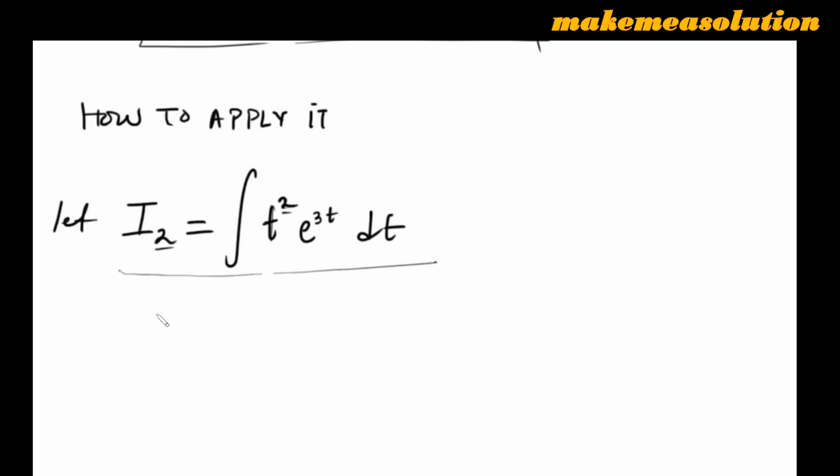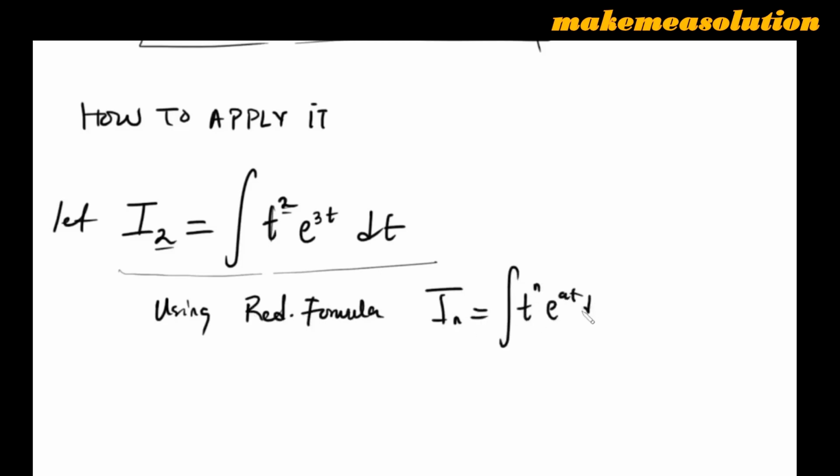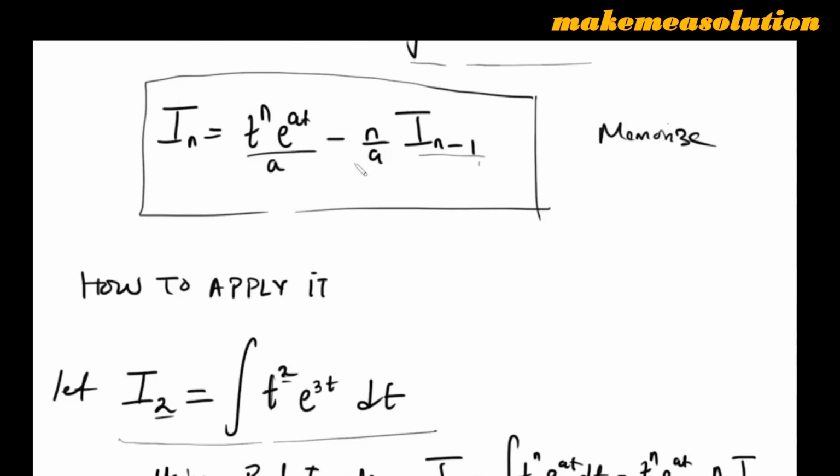Okay, so from this point you can say using reduction formula, we have that I_n is an integral t to the n exponential at dt, which evaluates to t to the n exponential at over a, then minus n over a I_(n-1), just like we proved above here.